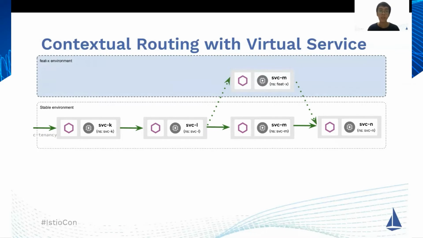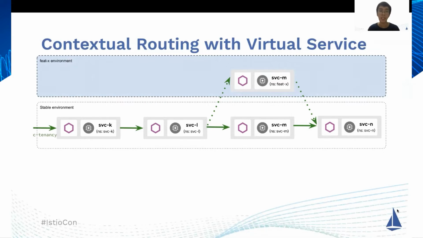To do that, whenever we make a call to this flow, starting from the beginning, we always inject the C tenancy header there and define the environment that we want to route the traffic to.